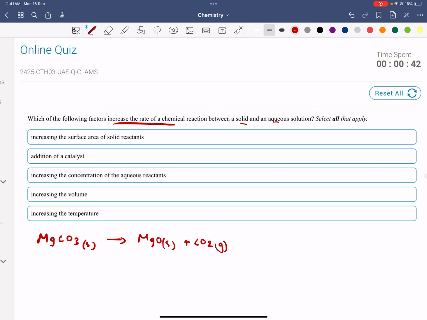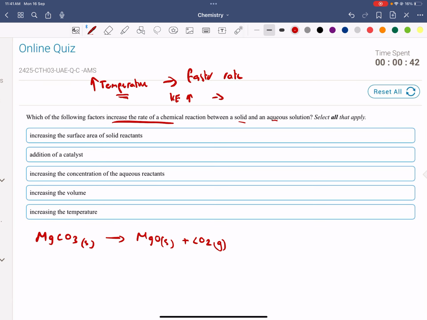Of course, temperature. If I increase temperature, I will have a faster rate. And why is that? Because when I increase temperature, the kinetic energy of the particles increases, so they build up speed and they start colliding with each other more frequently, which increases the rate of chemical reaction.